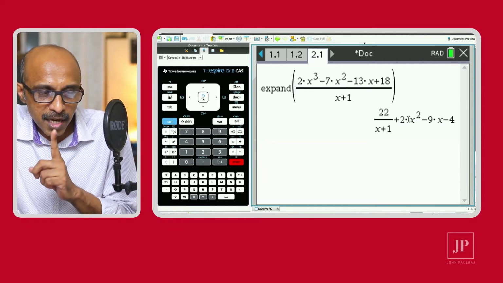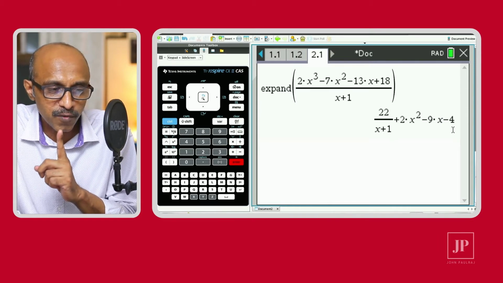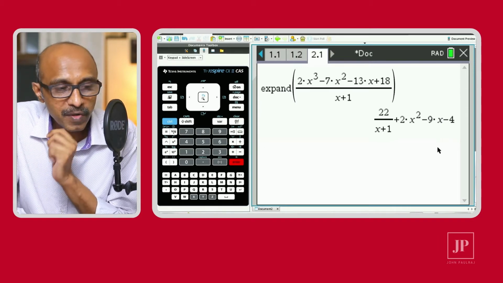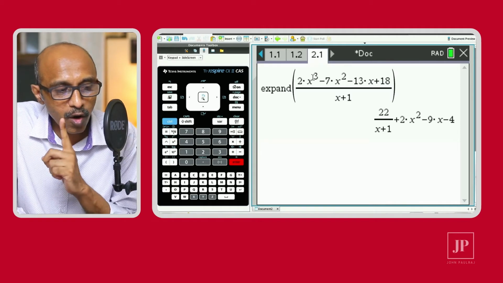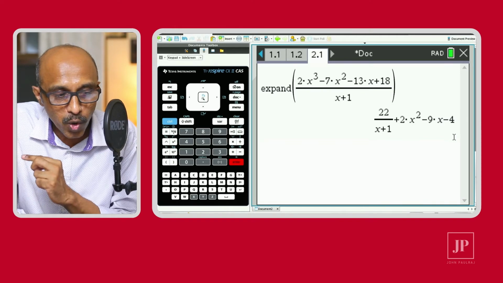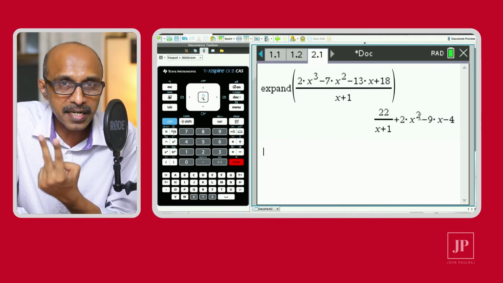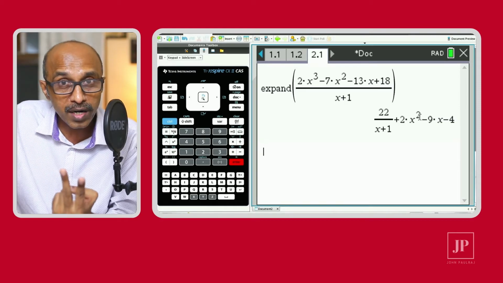And this time, as you can see, the quotient is a quadratic expression, 2x squared minus 9x plus 4. So maybe that is one of the first observations you need to make, that when the degree of the numerator is 2 more than the degree of the denominator, the quotient after division is going to be a quadratic, degree 2 compared to degree 1 in the first case.